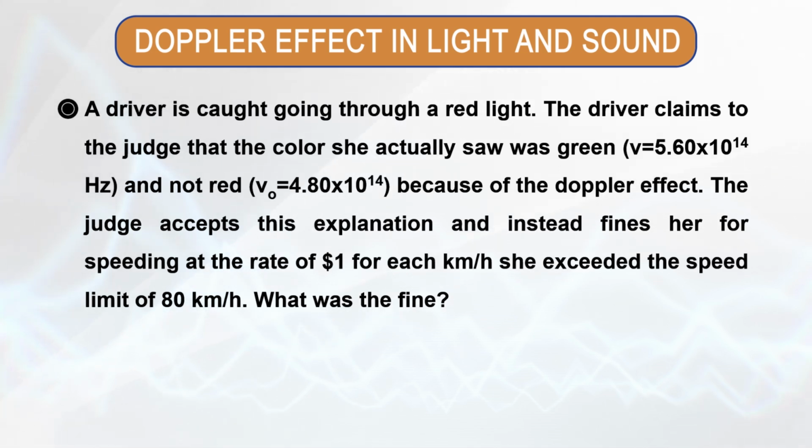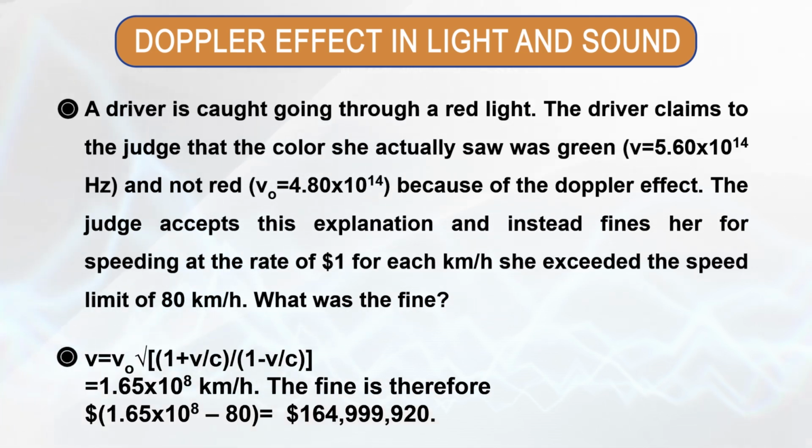That calculation was there. The frequency of green color was given as 5.6 × 10^14 hertz, and red color is 4.80 × 10^14 hertz. This is the frequency. Since the vehicle is approaching the signal, we can use the formula for the change in frequency, because she claimed she actually observed green color.